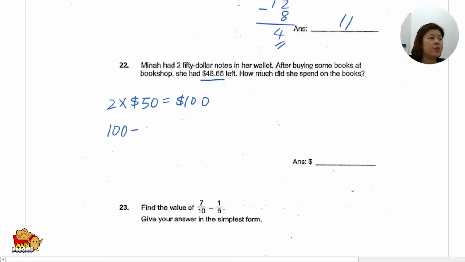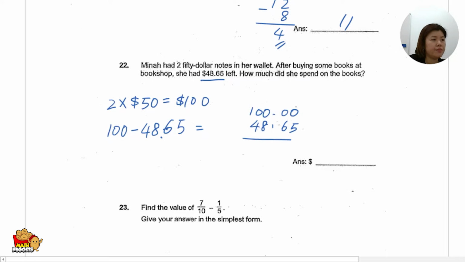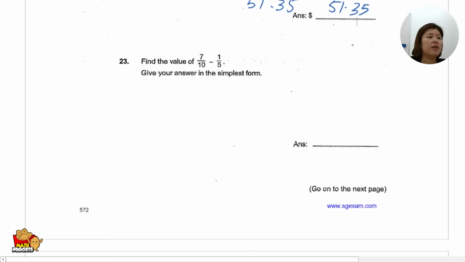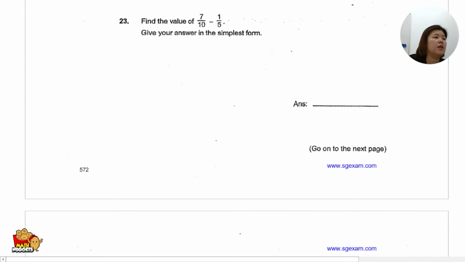So we can minus to find the book. Let's do our working. Answer $51.35.